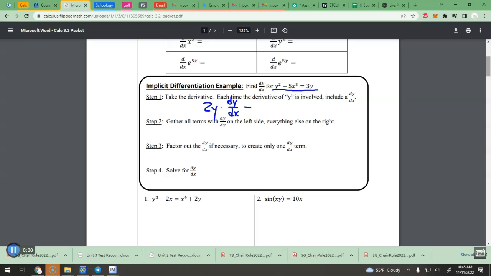Take the derivative of anything with an x in it, just like normal. So this will be minus 15x squared. And then you take the derivative of anything with a y in it, you multiply by dy dx. So what's the derivative of 3y? It's 3, but you took the derivative of a y. So you multiply by dy dx.